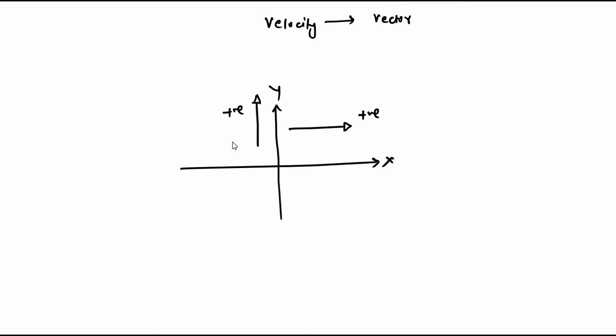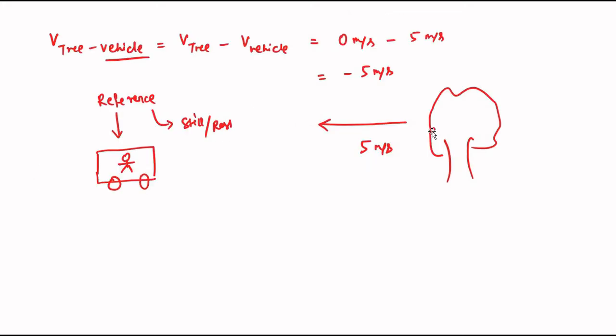Similarly, from the origin towards the left-hand side it is considered negative, and downward motion is also considered negative. So towards the right and upwards are positive, towards the left and downward is negative. It is the same thing here.